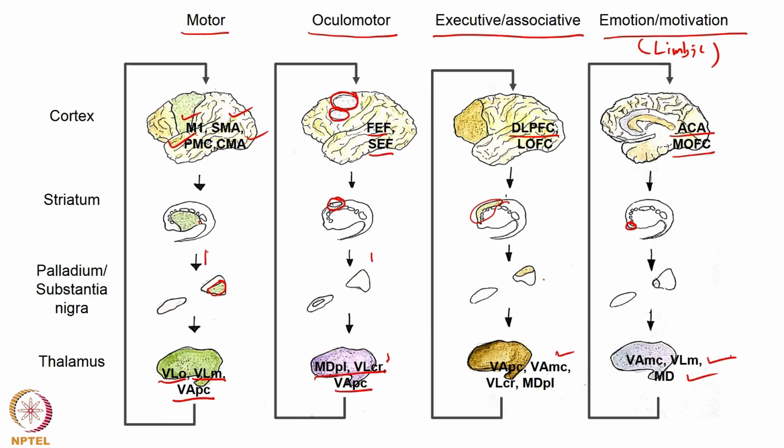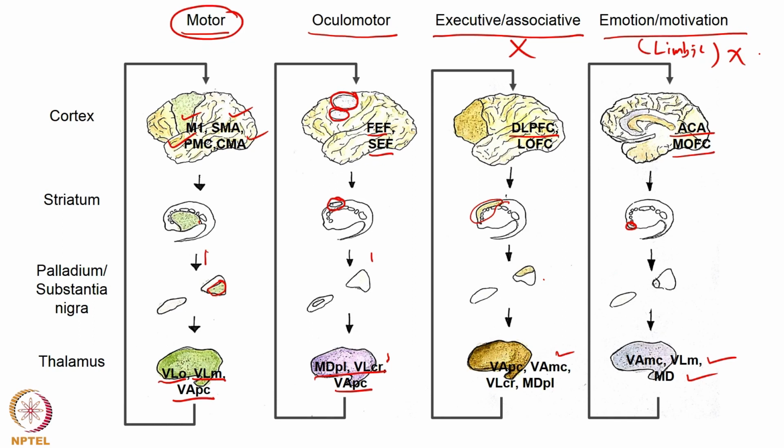In this course we will only focus on movement related functions or motor functions. We will be focusing much less on emotional or limbic functions and executive and associative functions of the basal ganglia. Basal ganglia has been traditionally viewed as the motor organ of the brain, and it is the motor related dysfunctions that are more studied among the dysfunctions of basal ganglia.